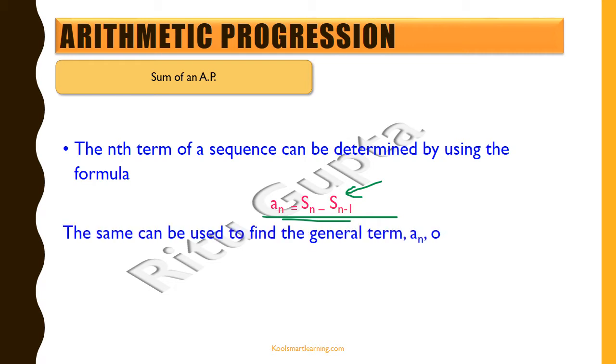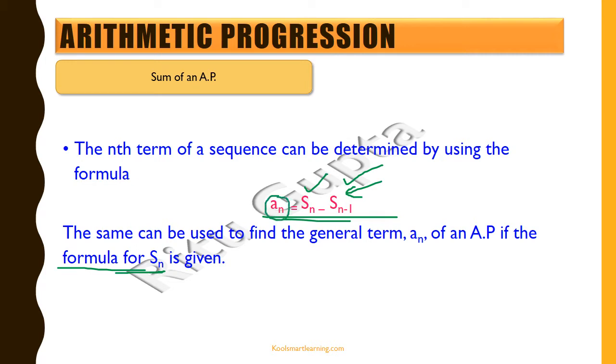The same can be used to find the general term an of an AP if the formula of Sn is given to us. We're not saying that the value of Sn is given, but if the formula of Sn is given, then we can subtract Sn minus 1 and we'll get the general term of an AP.